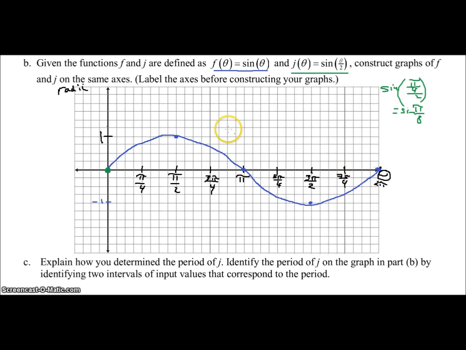I really should have gone in 2 pi's, but let's try this one. Sine of pi over 2. That's going to be 1. So notice that this one doesn't make it up to 1 until way over here at pi. And it doesn't get back to 0 until we go to theta is 2 pi, because 2 pi over 2 is pi.